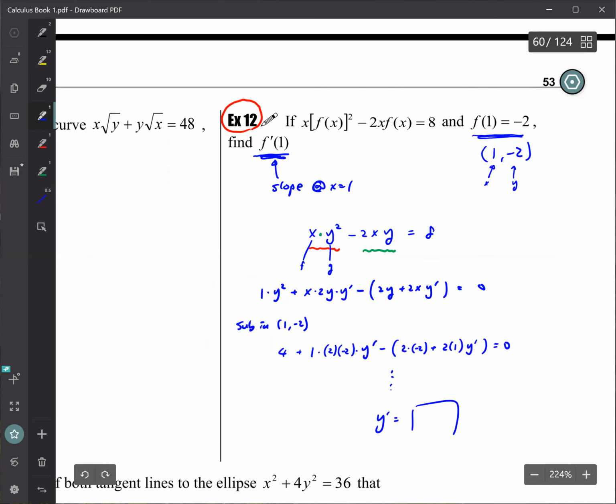When you have the final number, please raise your hand. I think it's a decimal? A fraction.